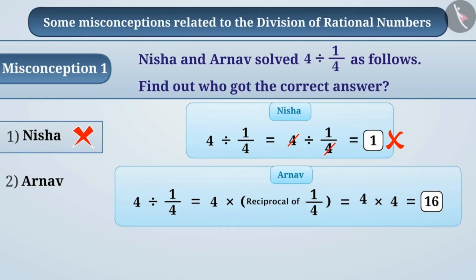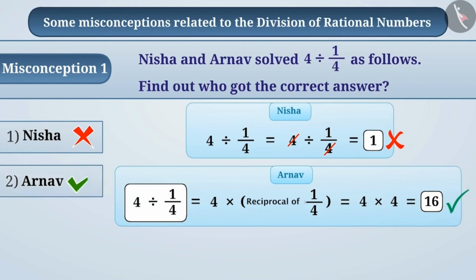For example, here we will keep 4 as it is and multiply it by the reciprocal 4 of the second number 1 by 4. This will give us the correct result, that is, 4 divided by 1 by 4 is equal to 16. In this way, Arnav got the right result, that is, the correct answer is option 2.